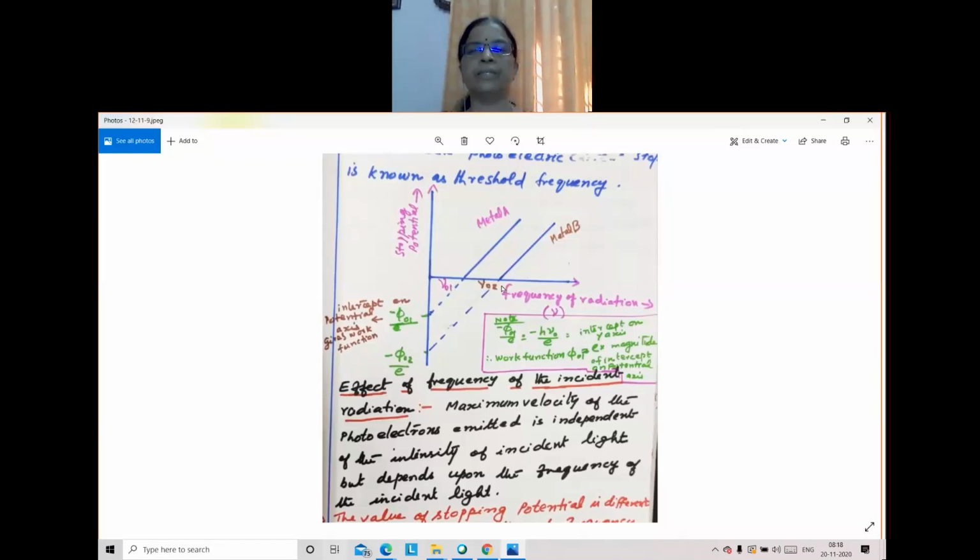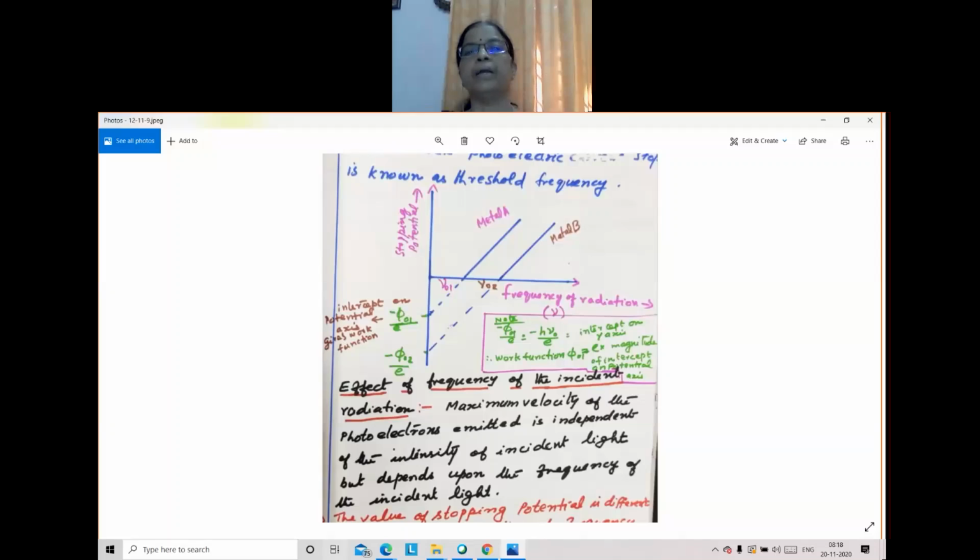Okay. Then after the threshold frequency, when the frequency of the radiation is greater than the threshold frequency, what is the behavior? Stopping potential and frequency, how are they related?